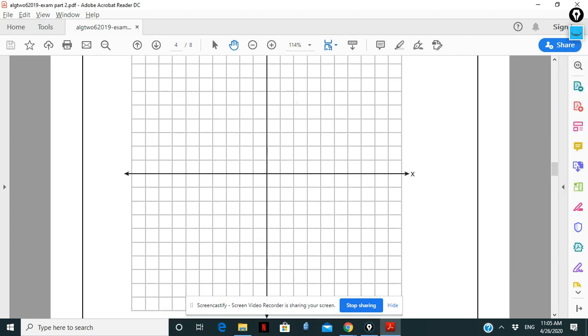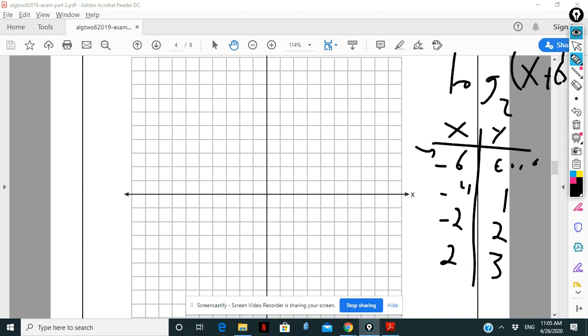Okay, and I go on the axis there. So here's negative 1, negative 2, negative 3, negative 4, negative 5, negative 6. So here's my asymptote. I cannot touch that one. Now, when x was negative 4, it was 1.